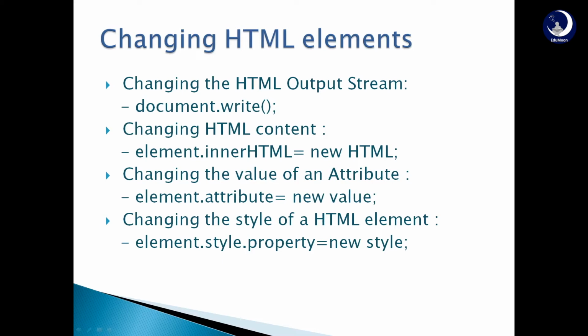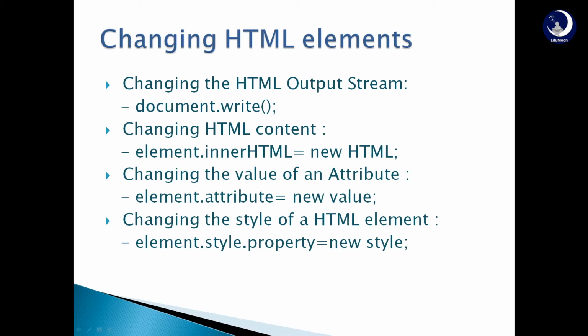The first method, which is document.write, is the basic method we have used while learning the basics of JavaScript. The second one, if you want to make changes to a particular element in an HTML web page, is .innerHTML. Changing the value of an attribute: if you want to make changes to an attribute of an element, you would first access that element, that is, find that element, and then add .attribute equal to the new value.